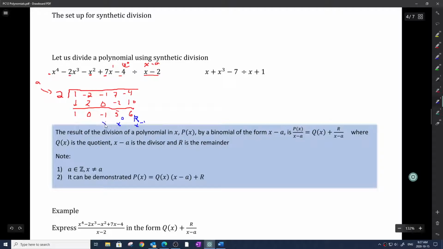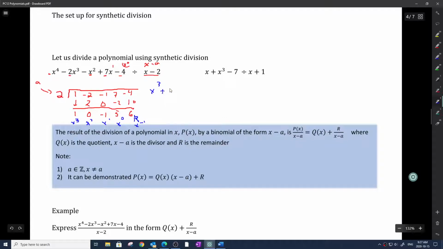This is x to the power of 1. My next number here is going to be x squared. And this is going to be the coefficient of x cubed. So it's 1x cubed. The answer to this is 1x cubed. By the way, that should be an x cubed.